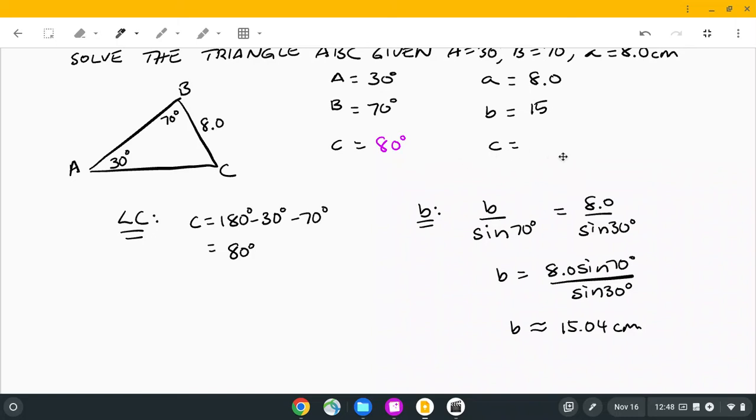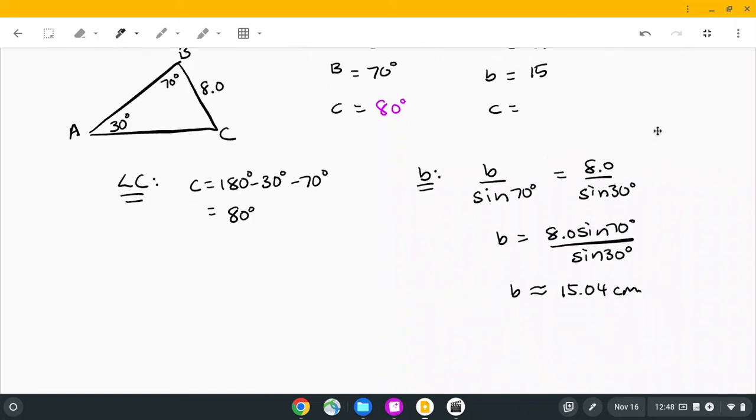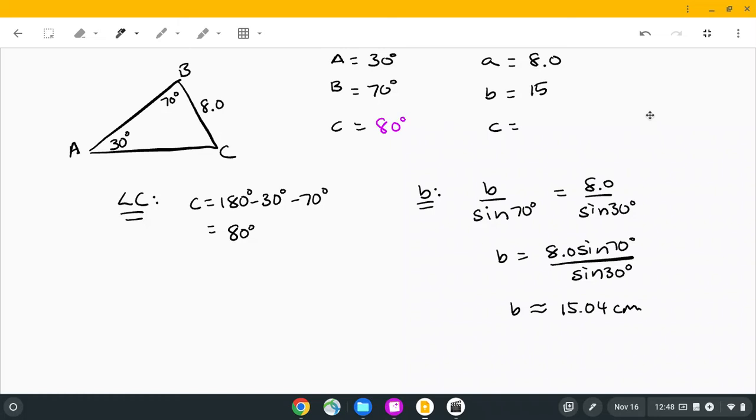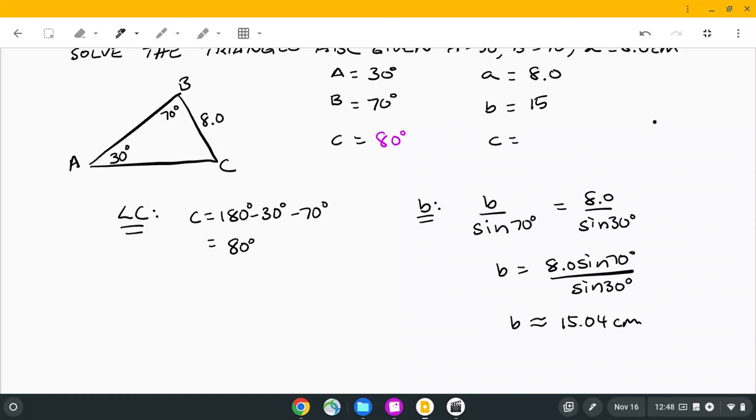And then we can solve for c the same way. Okay, lowercase c. So I'm going to do little c over sine 80 equals lowercase a, which is 8.0, over sine 30.